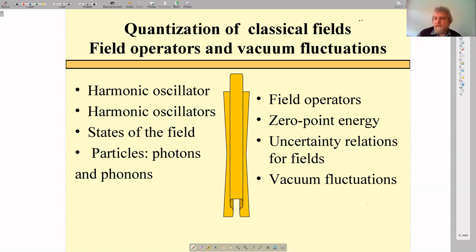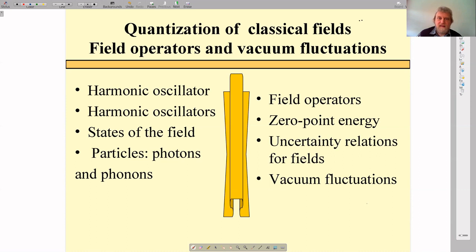And eventually, after all the preliminary work we did when talking about classical fields, and the work we did is to describe each field in a universal fashion with the help of generalized momentum and generalized coordinate.